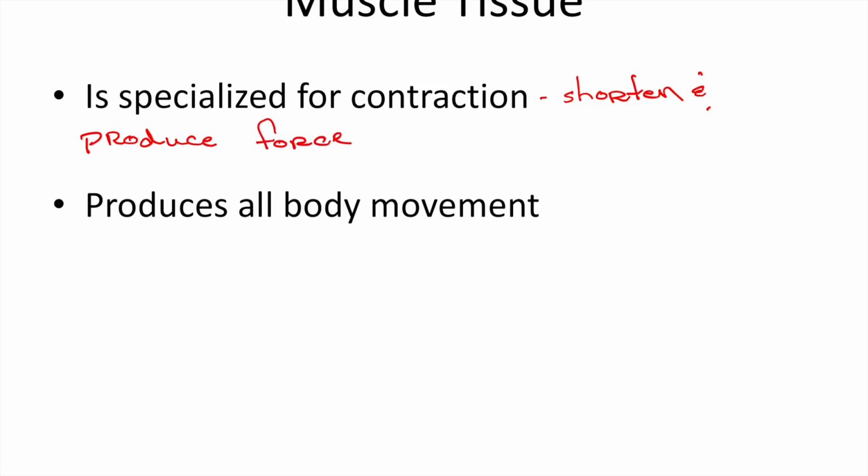And any type of body movement that you can imagine, from your heart beating to the skeletal muscles that are active and lifting up a pencil, to your digestive system pushing food through the alimentary canal. All of that is muscle tissue.